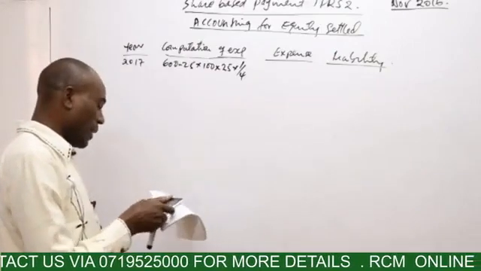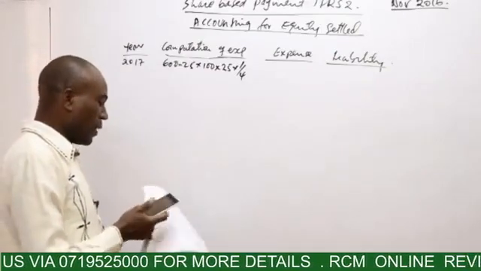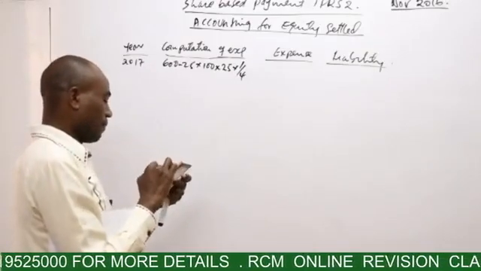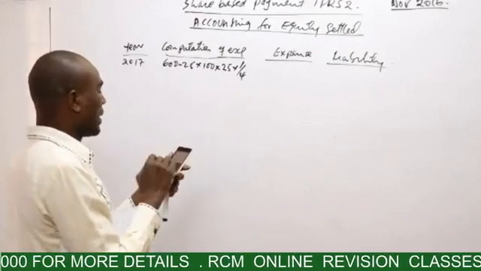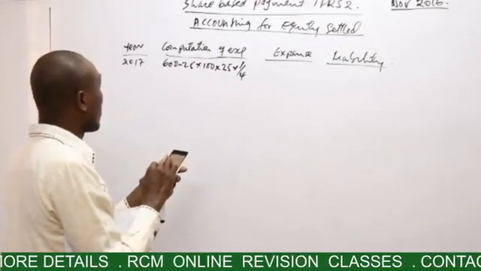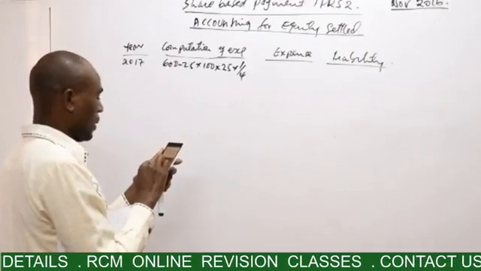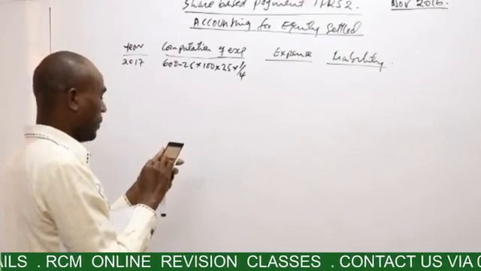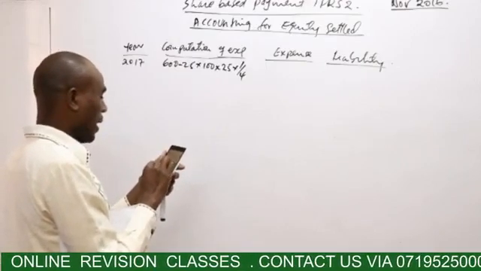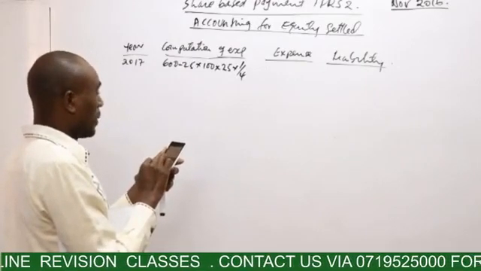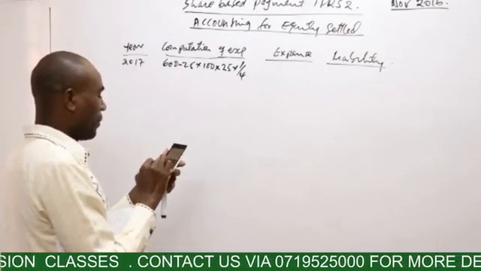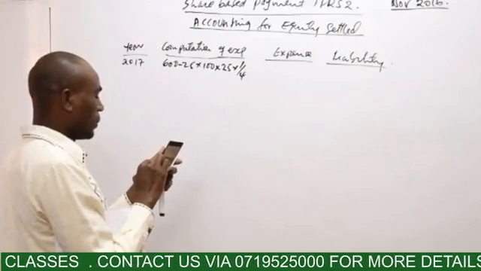Therefore, you can give me the liability quickly on the expense. The liability and the expense: that is 600 minus 25. We get 575 times 100 times 25, then we divide by 4 times 1.